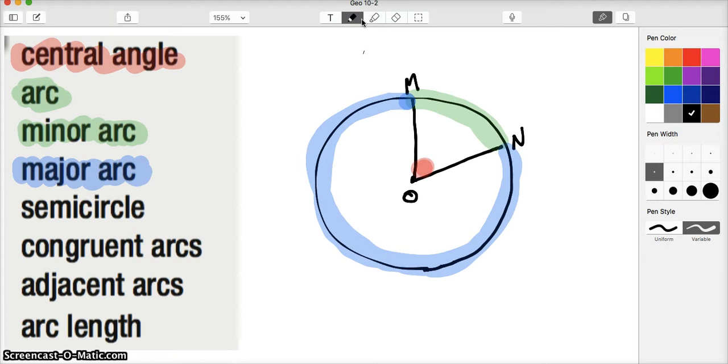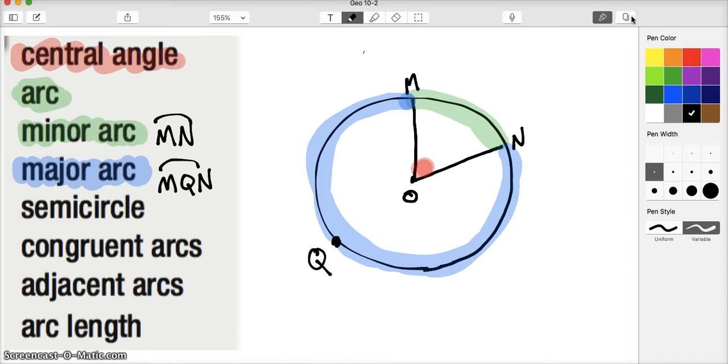Generally, I believe, if I'm remembering correctly, that like MN, and let's call this Q out here, you would name this arc MQN, and you would name this arc just MN, to really emphasize the fact that, otherwise I would just be like, oh, MN, and I wouldn't be sure which direction to go in. So major arcs, I believe, and I'll confirm as we go through our lesson, would have MQN. You would name another point on the circle to get a sense that a point is between M and N on the particular arc.